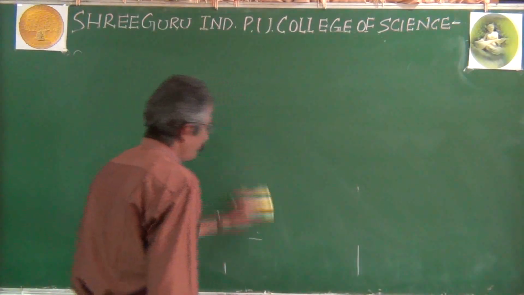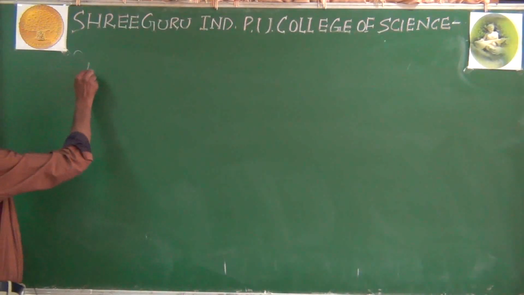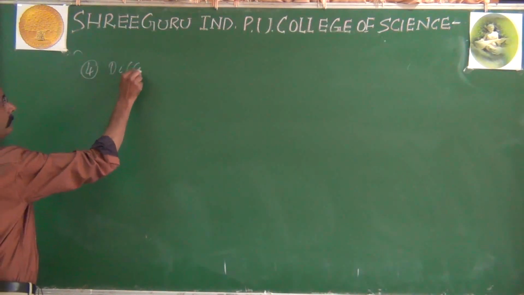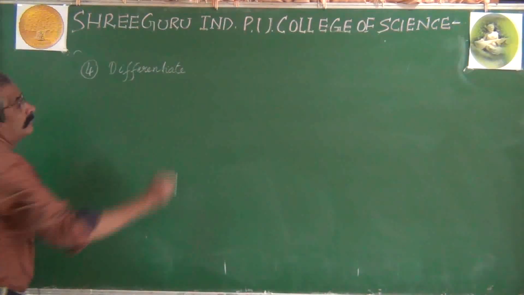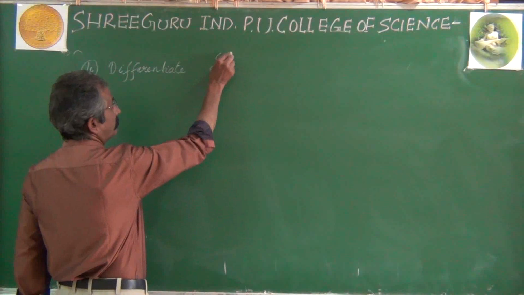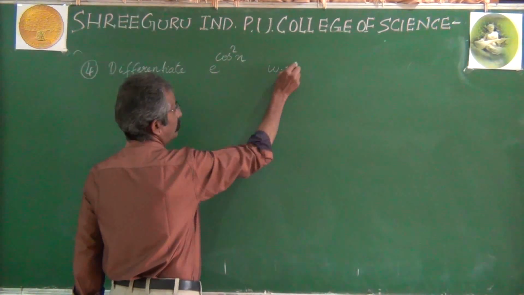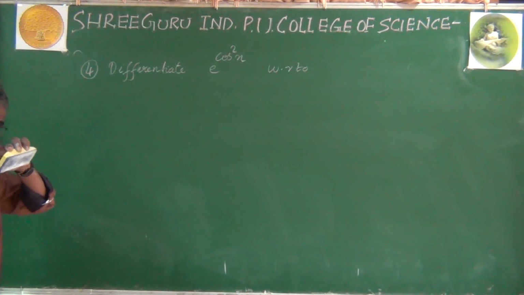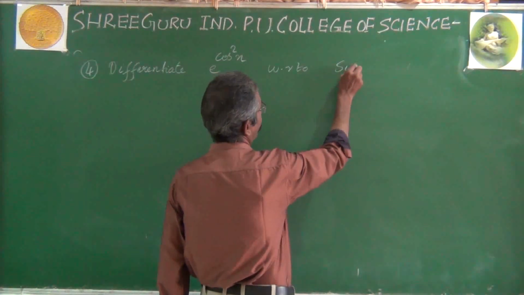Next problem, it's the fourth one. Fourth problem: differentiate e power cos square x with respect to sin square x.